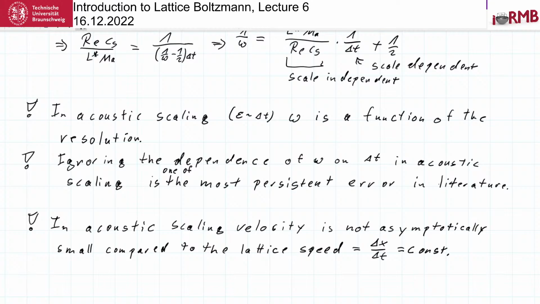Not asymptotically small means that when you make your grid smaller, then the difference between the speeds in the lattice Boltzmann method and the lattice speed would increase.